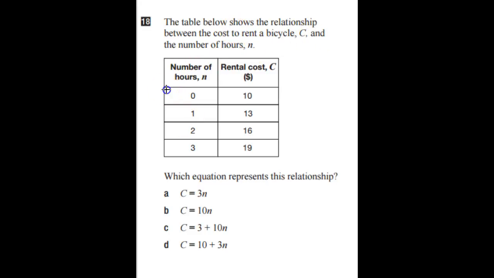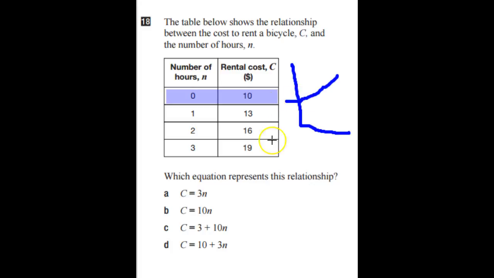So I know that at 0 hours, the cost is $10. So what that tells me is that this in fact is a partial variation, and that my graph is going to have a y-intercept at 10, right? So that's what this total cost is right here.